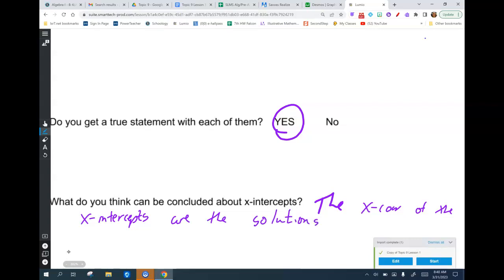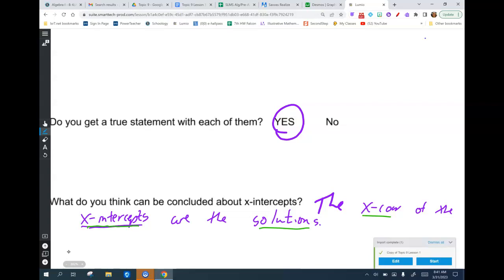And while I have your attention here, I want you to see what's happening. So we have x-intercepts, and those x-intercepts are going to tell us what the solutions are. It's going to be the x-coordinate of the x-intercepts. We're going to talk about the x-intercepts being the solutions, but we just mean the x-coordinate.